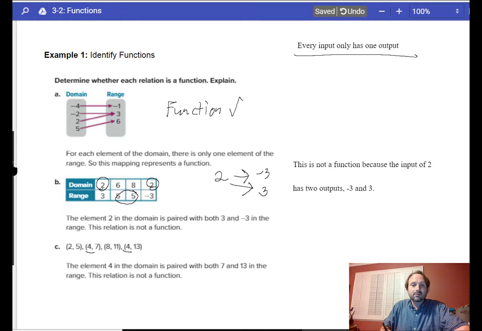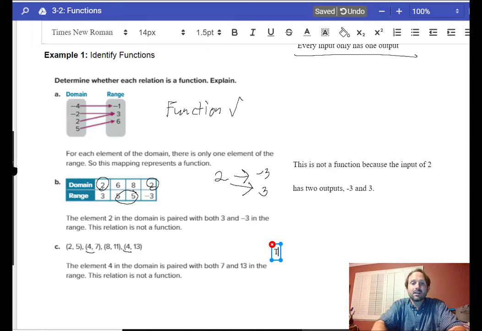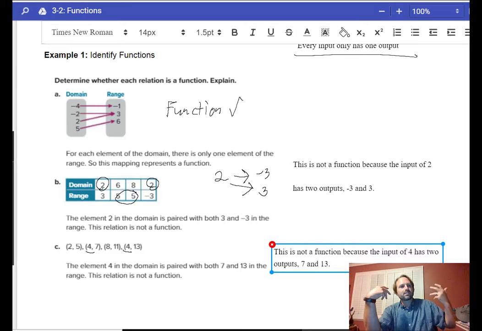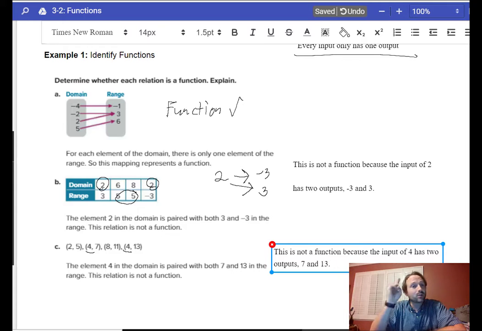So once again, this is not a function, because the input of 4 has two outputs, 7 and 13. You can only have one output for every input. Let's go on.